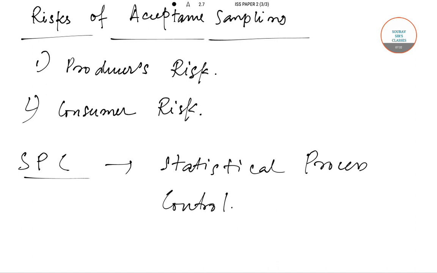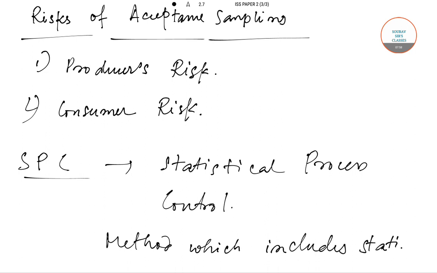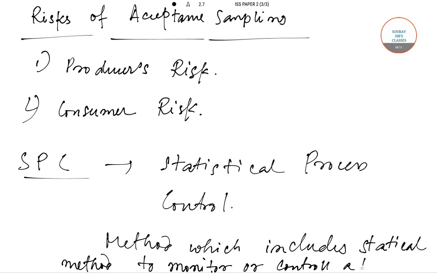Of course statistical process control is a very important method, and it is that method which is used to control the quality of the product, which employs statistical methods to monitor or control a process. It is that method which includes statistical methods to monitor or control a process.